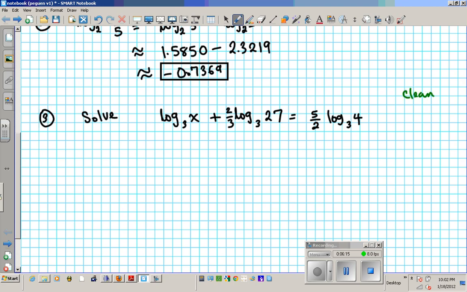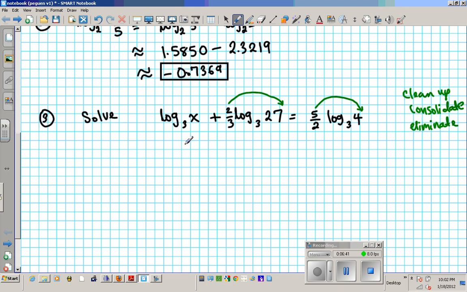After we consolidate, then we eliminate. So how do we clean up? The coefficient can always become a power, because repeated addition is like repeated multiplication in the real world.